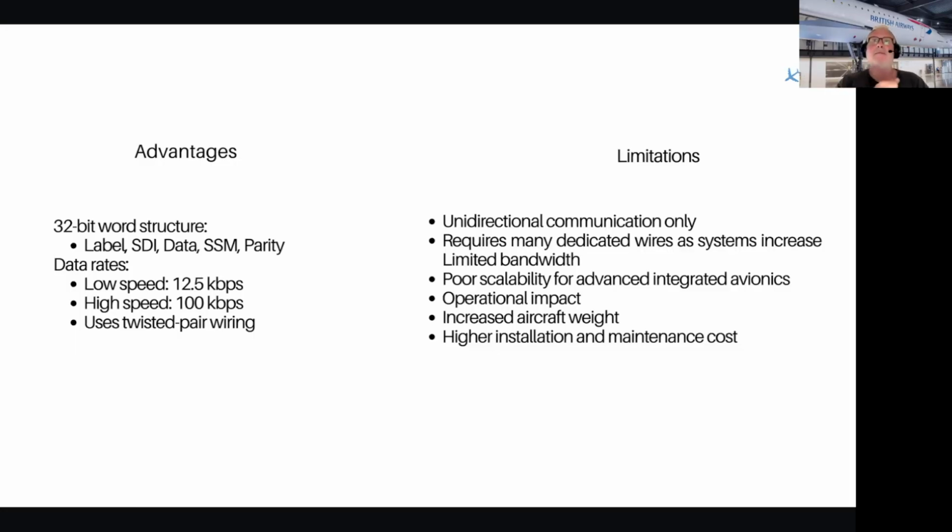We'll talk about that in a minute. So it has poor scalability for advanced integrated avionics, and because of that it increases the weight, and has operational consequences on the aircraft, because we're trying to become efficient and save weight, and then we put in all these wires and we get weight.